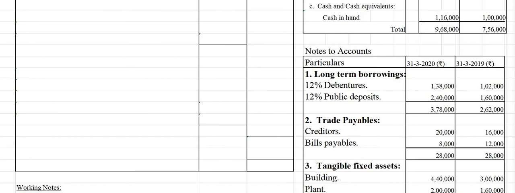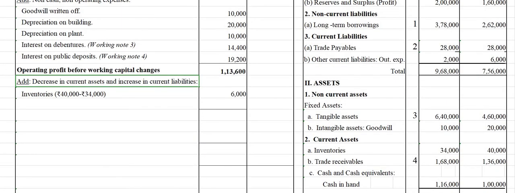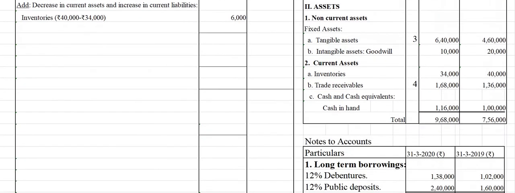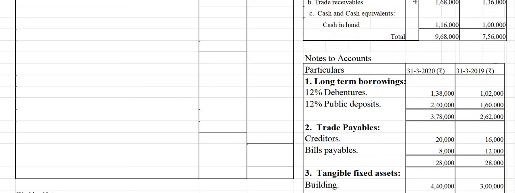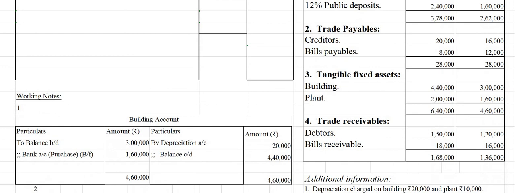Now let us see current liability, whether anything is increasing. We have two current liabilities here: trade payables, note number 2, and other current liabilities. Let us see first the trade payables. We know that it includes bills payable and creditors.